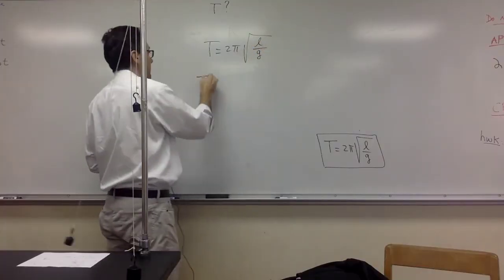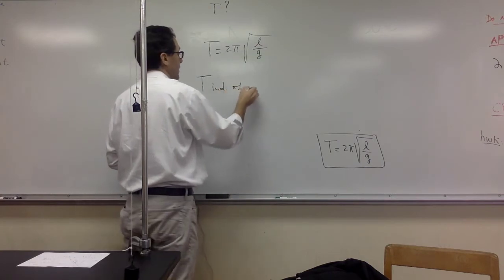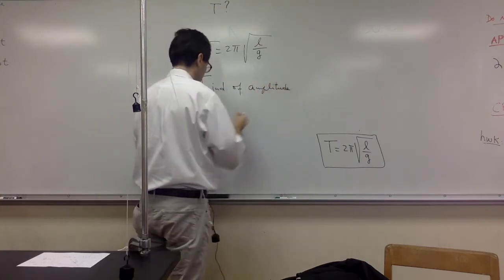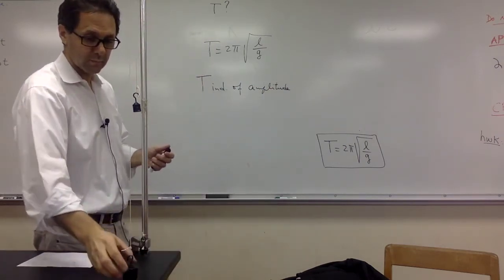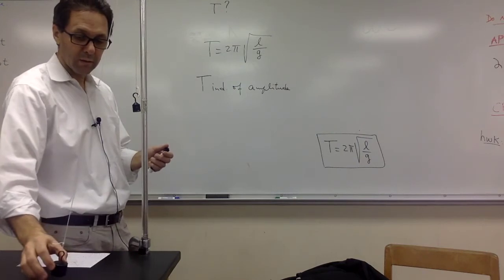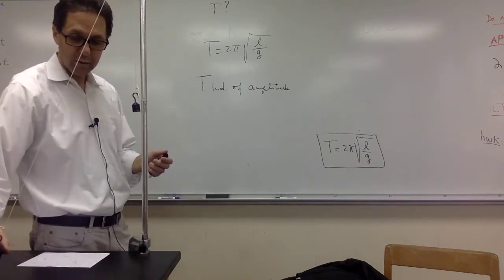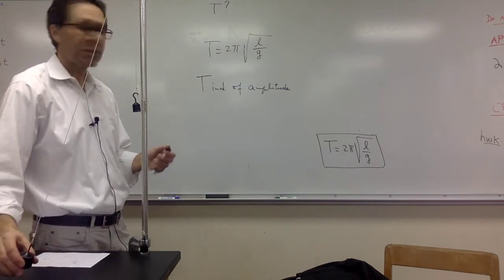T is independent of amplitude. So if I pull with a small angle, or if I pull with a larger angle, it doesn't matter. You're going to get the same period.